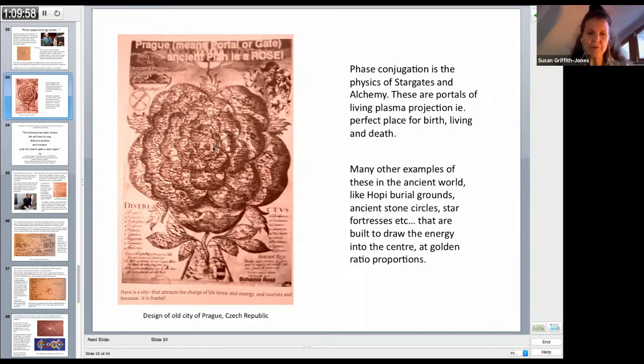And it would be the best place for a baby to be born, because it would be born into a place where all its cells would be completely aligned in this shape, and also a perfect place to die, because you could escape through the center of the, for want of a better word, stargate.